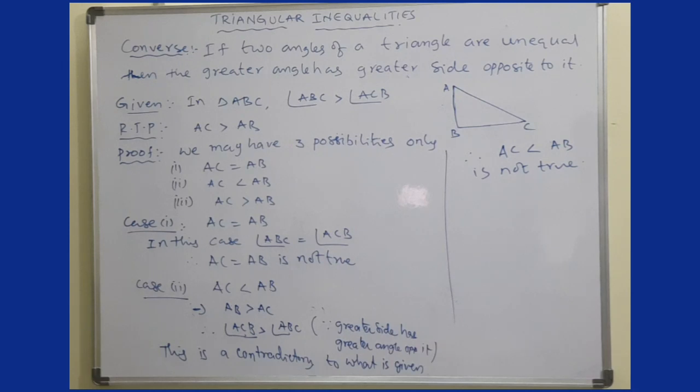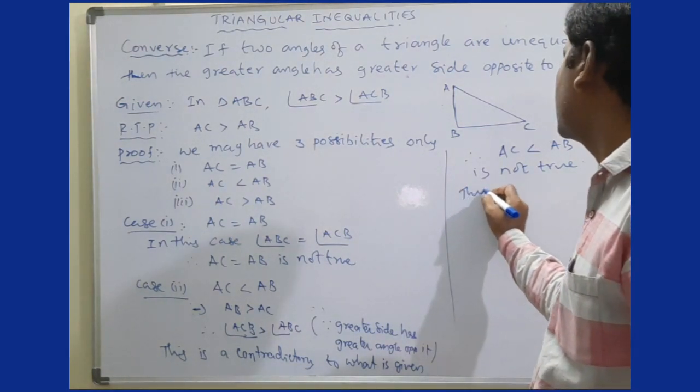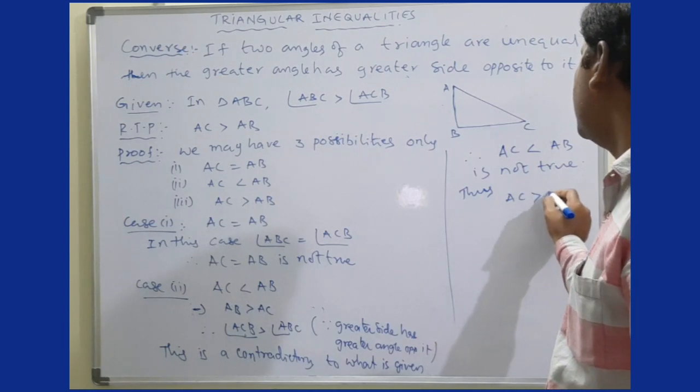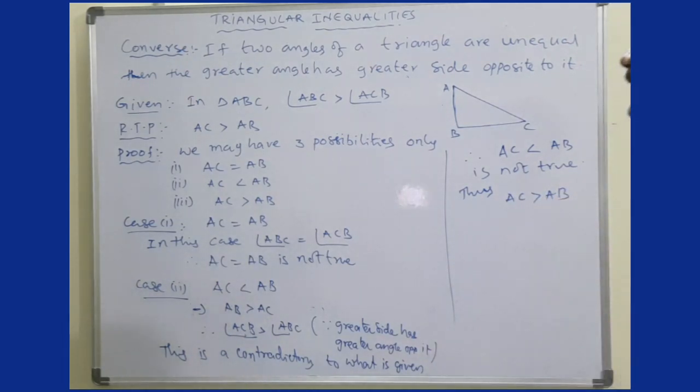So the first condition is not true, and the second condition is also not true. We are left with only one condition. Thus we can say that AC is greater than AB. Definitely the first two are not true, hence the third one is the correct statement: AC is greater than AB.